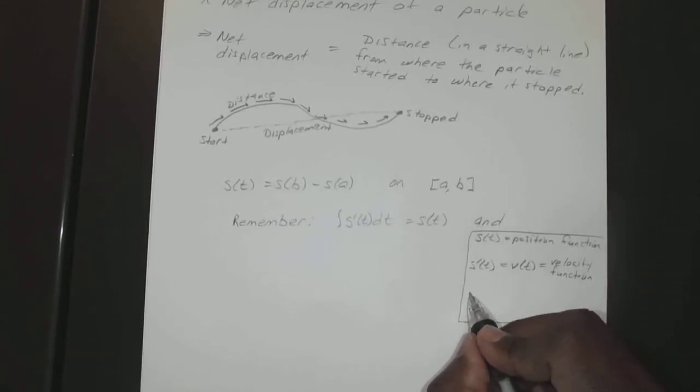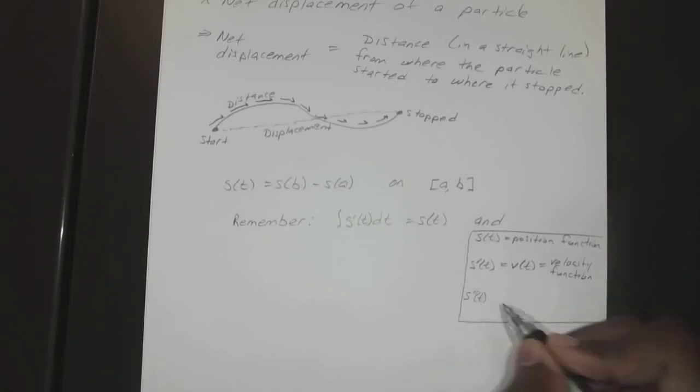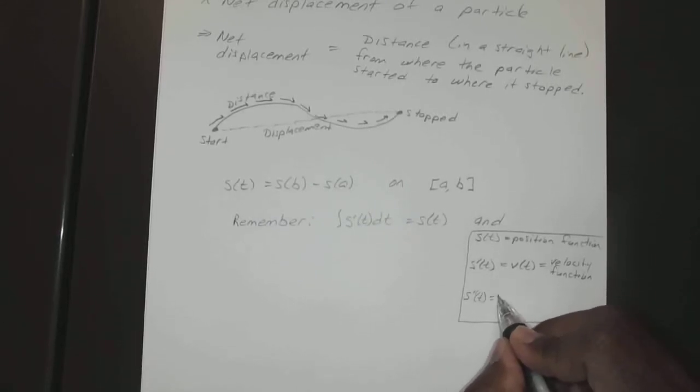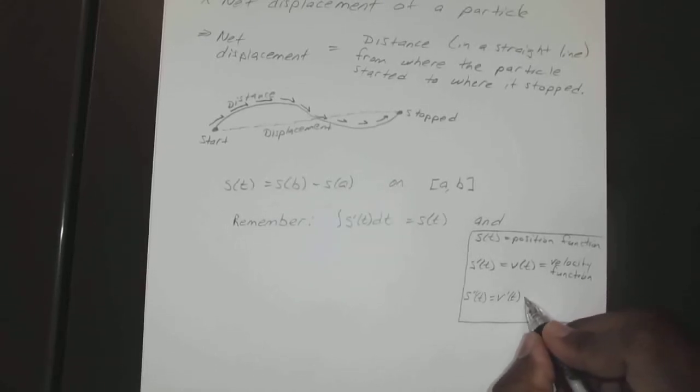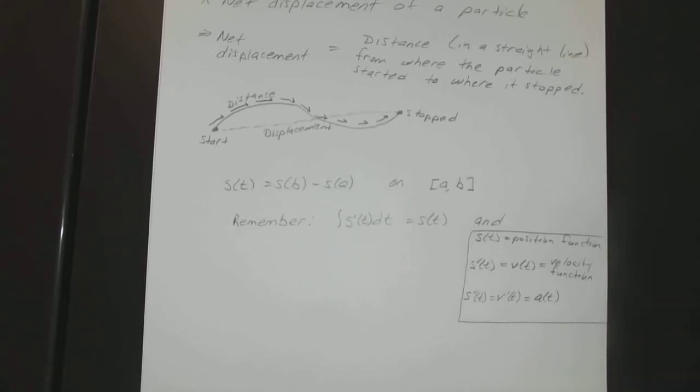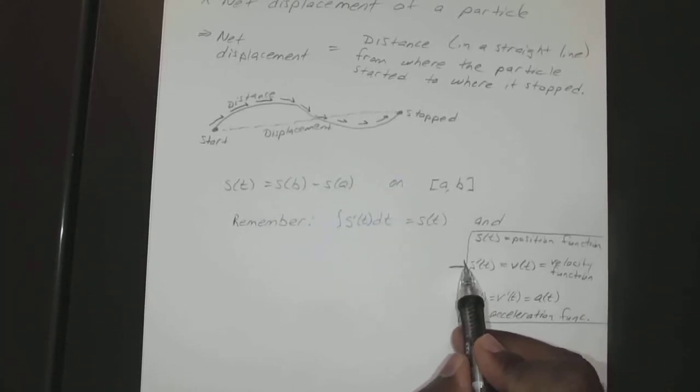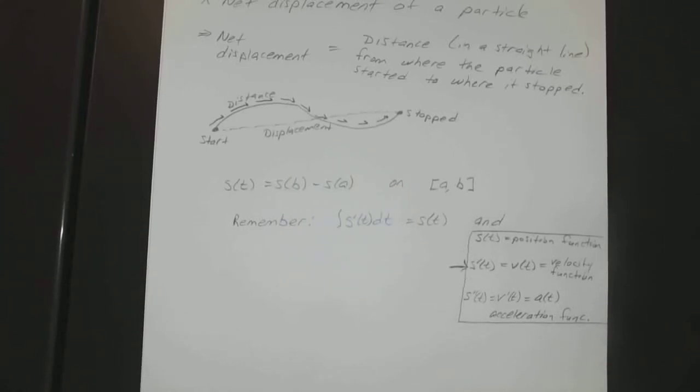Your second derivative, which is the first derivative of your velocity function, which is your A of t, that's your acceleration function. Okay, so right now we're just going to look at this one.